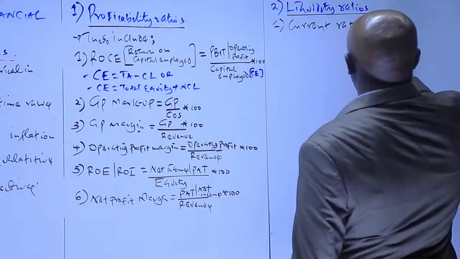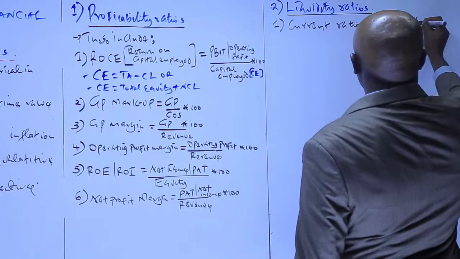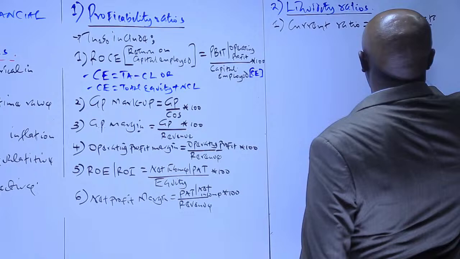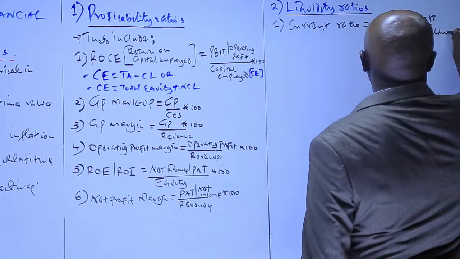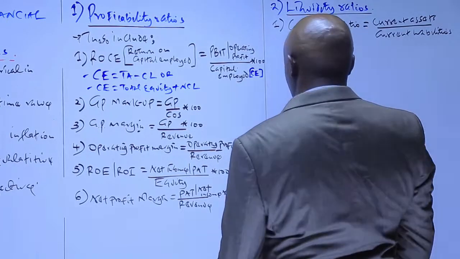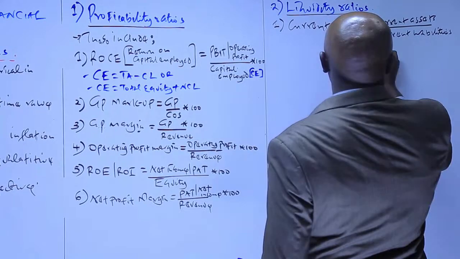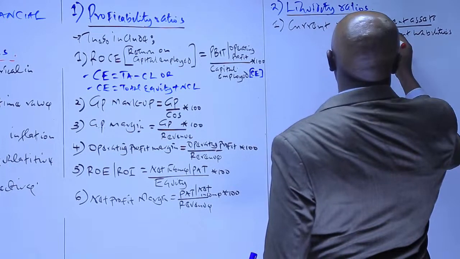The current ratio is computed by taking the current assets all over current liabilities. And it is important to mention that the ideal current ratio should be 2:1.